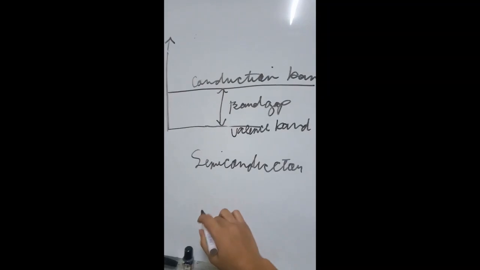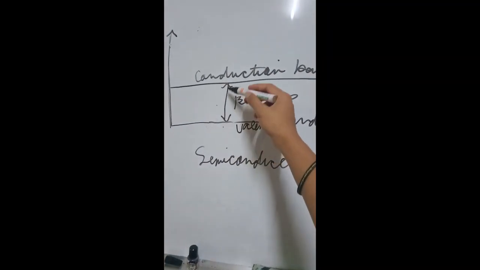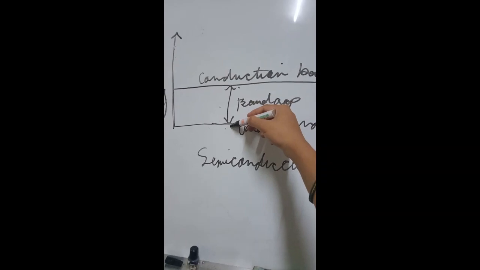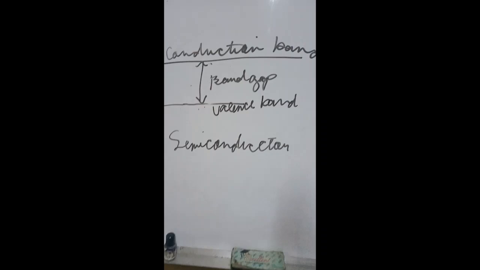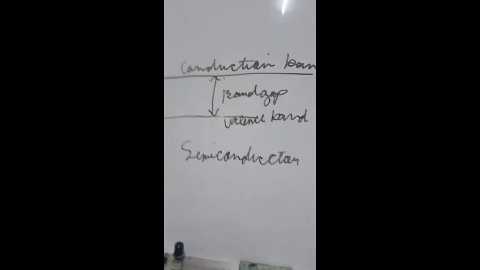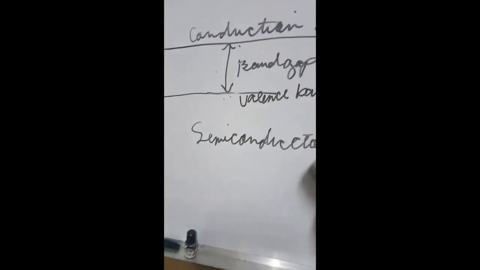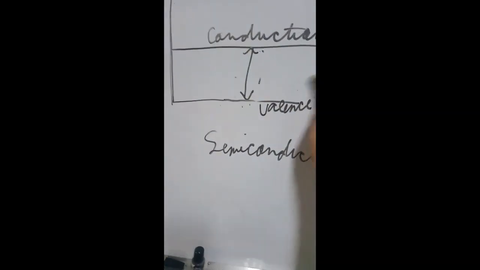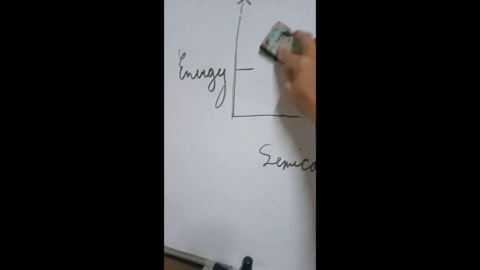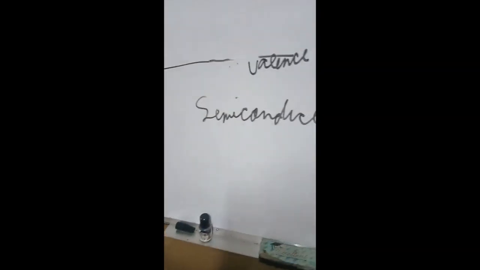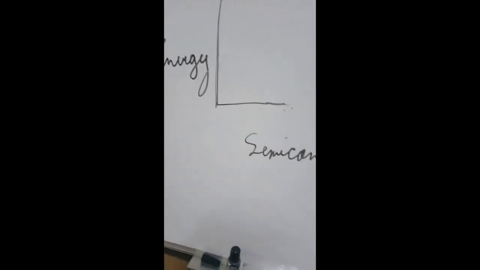So as you can see, for the semiconductor, its gap is not too high and not too low. That's why it can conduct electricity, but sometimes the electricity will not pass perfectly, meaning it is not very conductive.